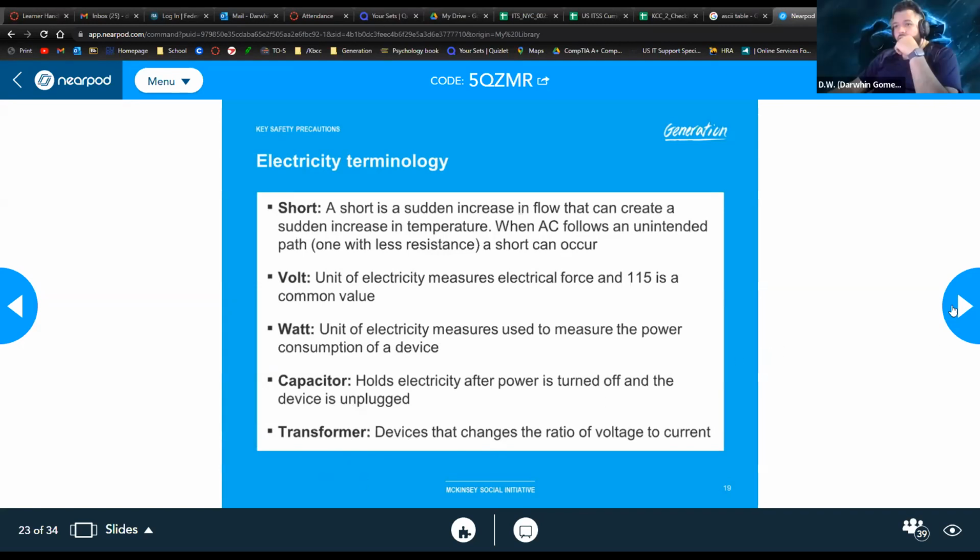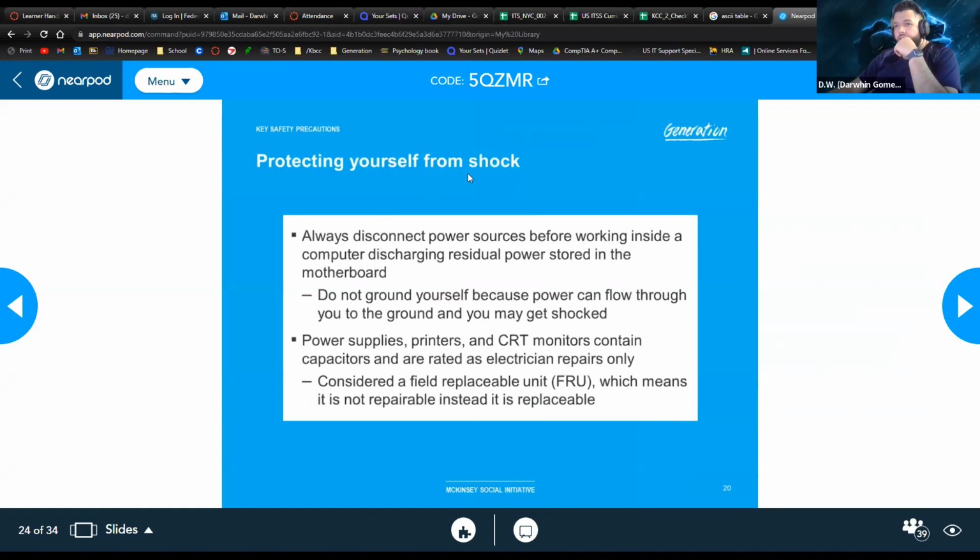All right, let's go on to the next slide here. I'll just read this next slide since you don't have access to it, Kelly. So it's protecting you from shock. The first thing you want to do is always disconnect from your power sources before working on the inside of a computer and discharge the residual power.